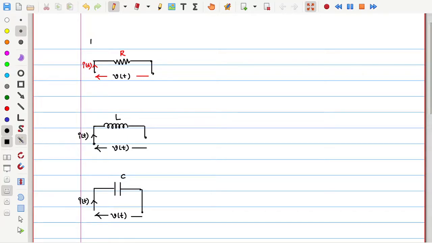Now try to observe that everything is represented here as a function of time. So we call these elements the time domain equivalent. Just try to see the voltage current relationship for every element. These are the three elements in time domain.